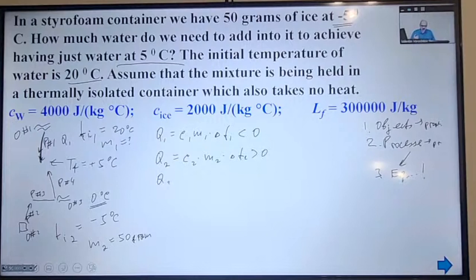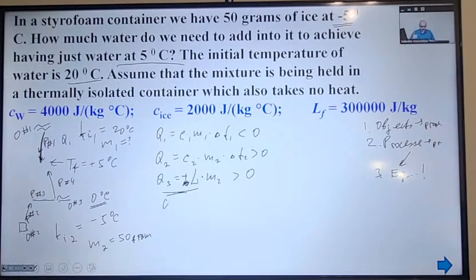And the process number 3 happens at a constant temperature. There is no temperature change, but there is melting. So we have to use latent heat of fusion and the mass of ice. And now we have to make a decision, should we write a plus or a minus? Because for this equation, we have to choose the sign. Because melting requires energy, Q has to be positive, scratch the minus, it's just a plus.